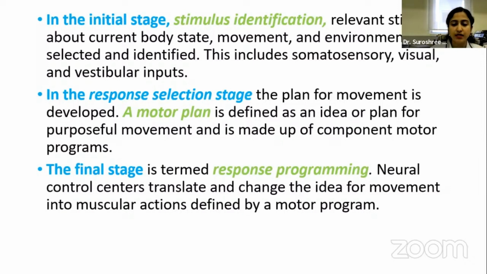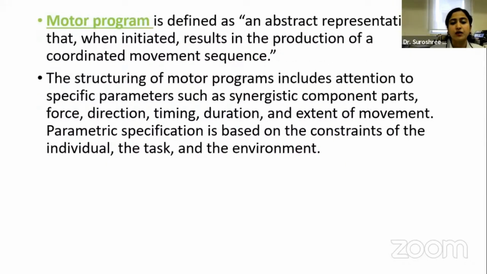And in the final stage, you have response programming. Neural control centers translate and change the idea for movement into muscular actions defined by a motor program. So you're combining all the plans or ideas and getting a proper movement at the end.